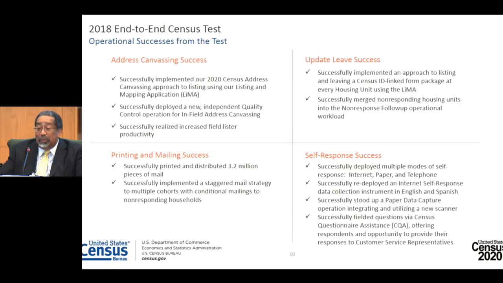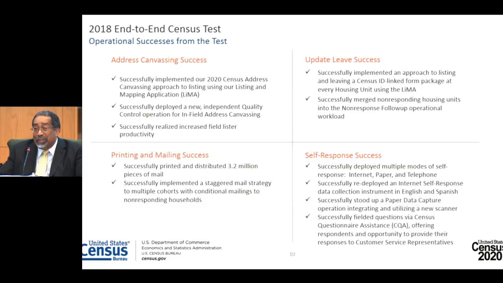Additionally, we successfully deployed an internet self-response data collection instrument in English and Spanish, successfully stood up a paper data capture operation in Jeffersonville, Indiana at our National Processing Center, integrating and utilizing new scanner technology.